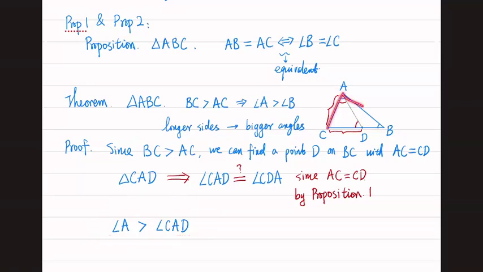Because A to C is shorter than C to B, so therefore A is bigger. I'm comparing angle A with angle CAD. I claim this angle is bigger than this one.